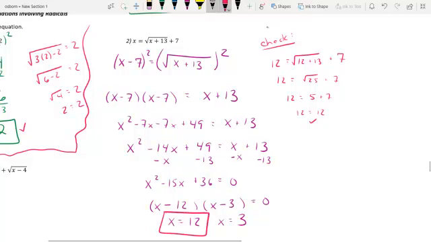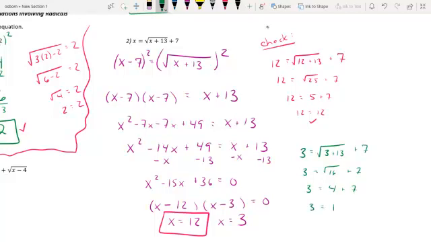Now let's do the same thing with the 3. So 3 is equal to the square root of 3 plus 13. Then I'm going to add 7. So 3 is equal to the square root of 16 plus 7. So 3 is equal to 4 plus 7. So 3 is equal to 11.